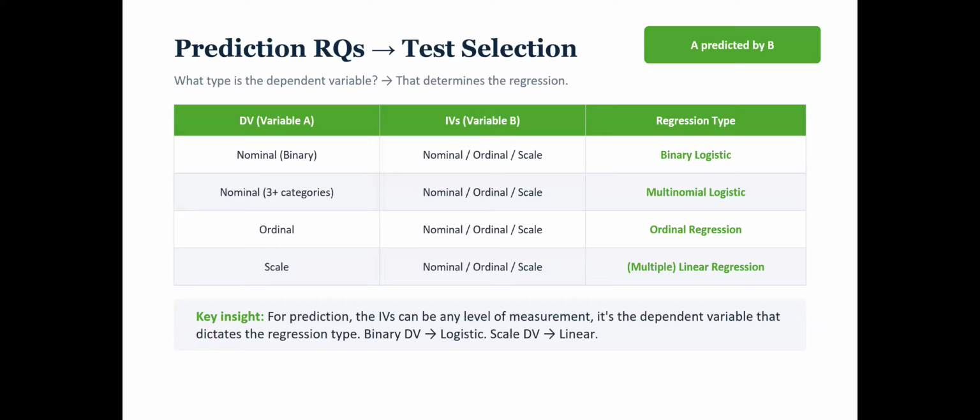So if your dependent variable is a binary nominal variable, we're doing binary logistic regression. For nominal with 3 or more, multinomial. Ordinal, ordinal regression. And when the outcome variable is scale, we're really doing a linear regression, or if you have more than one predictor, they call it a multiple linear regression.